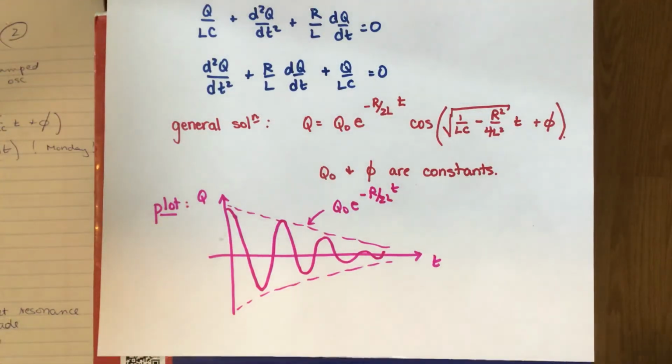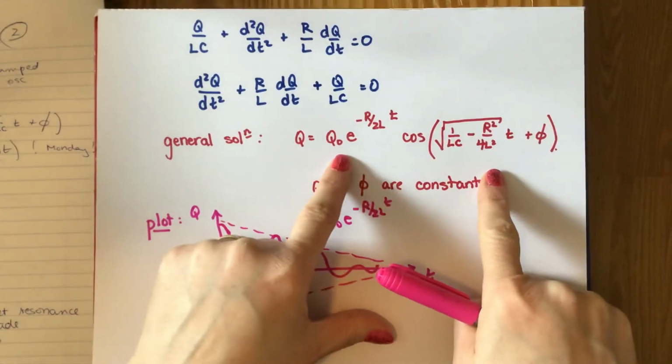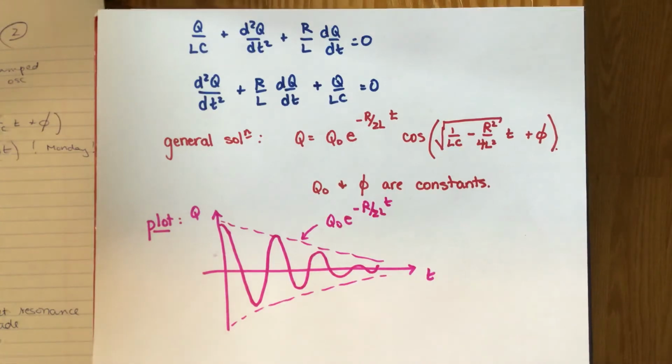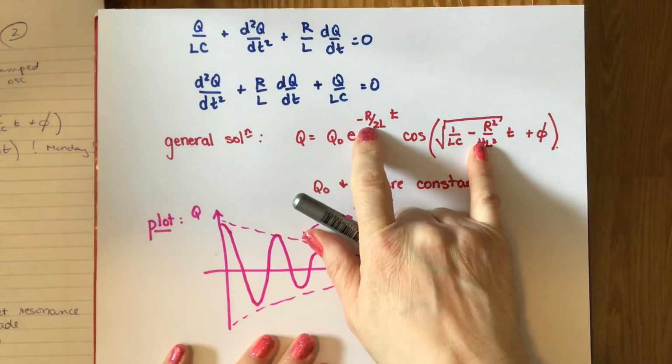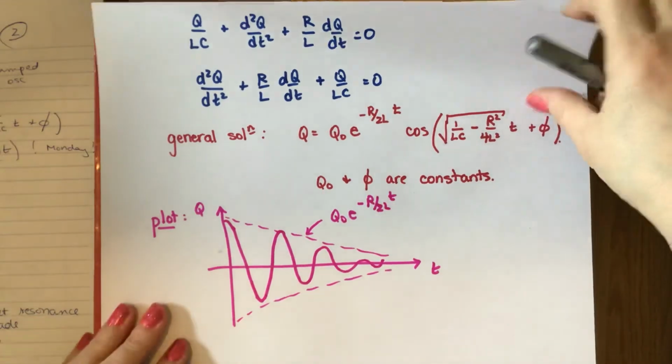Another thing that might be interesting was we said this was the general solution to an RLC circuit. Well, what if the resistance was 0? Do we get back what we expected for an LC circuit? So let's look at that next. What if R was 0?